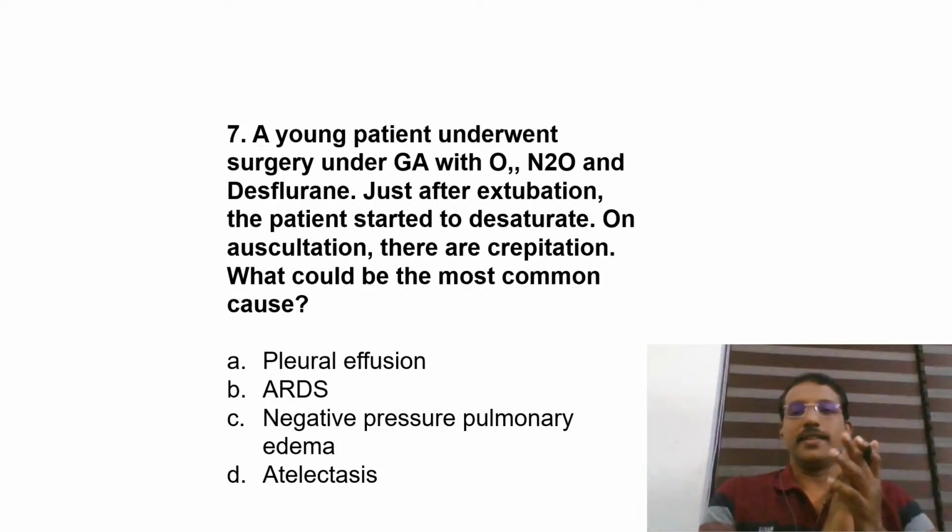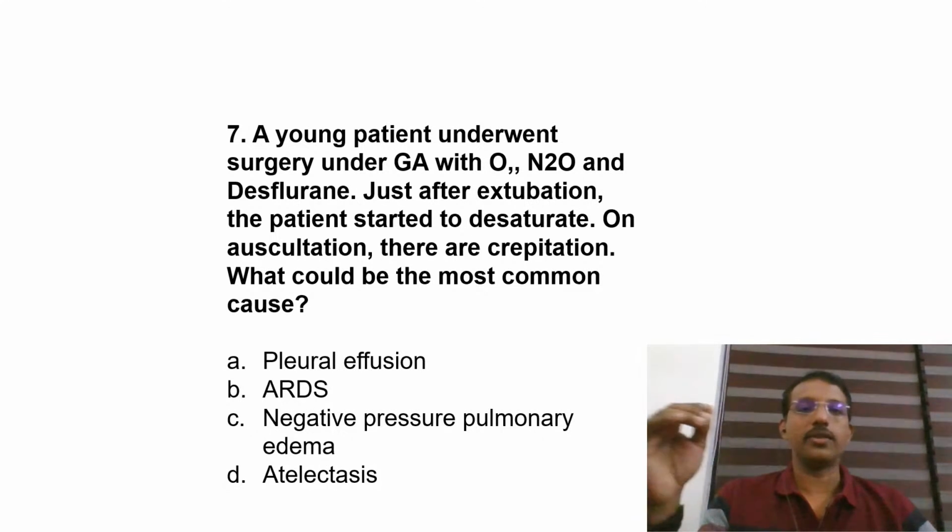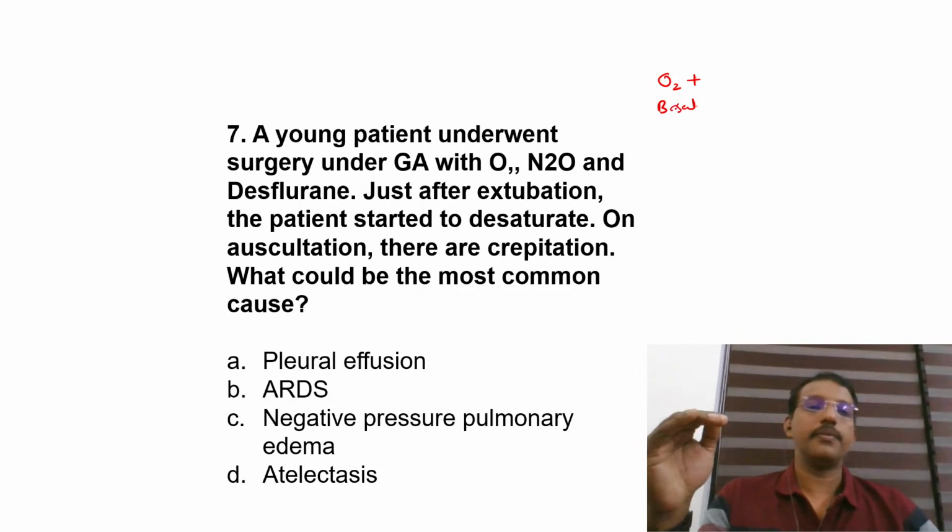Now another question. A young patient underwent surgery under general anesthesia with oxygen, nitrous oxide and desflurane. As you know, to provide anesthesia you always need a combination, which is called the maintenance. During the maintenance you always need oxygen for maintaining the basal body requirement, so you need oxygen at a minimum of 33%.